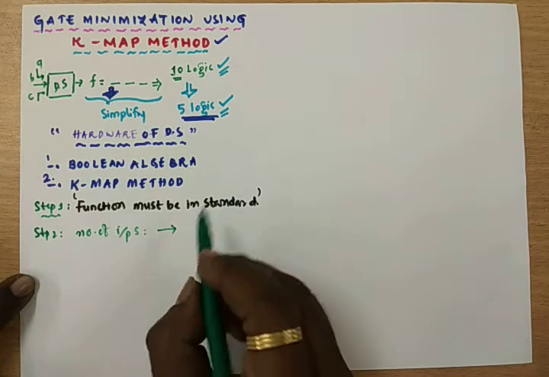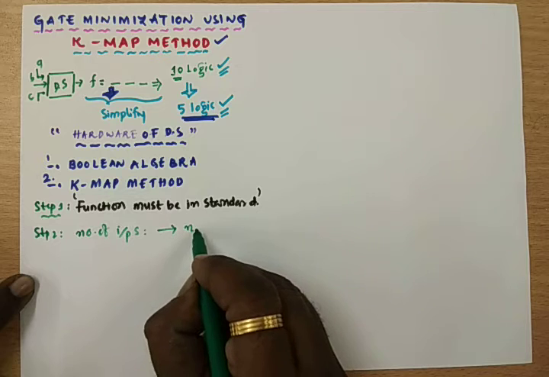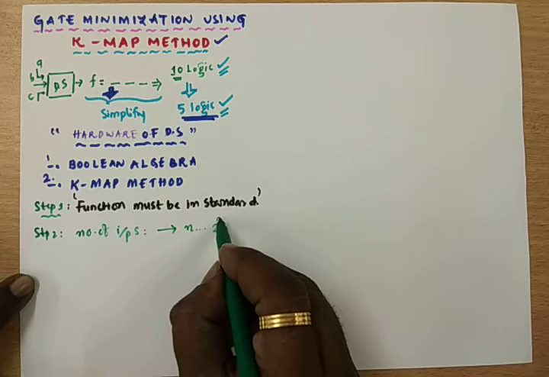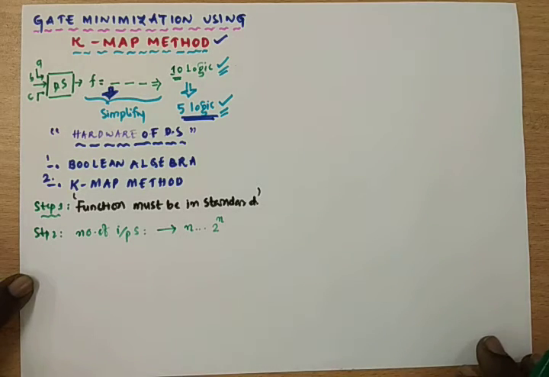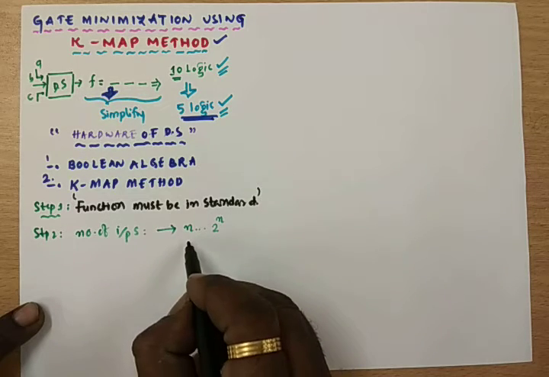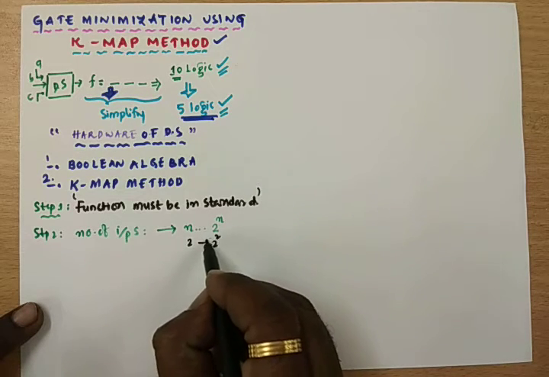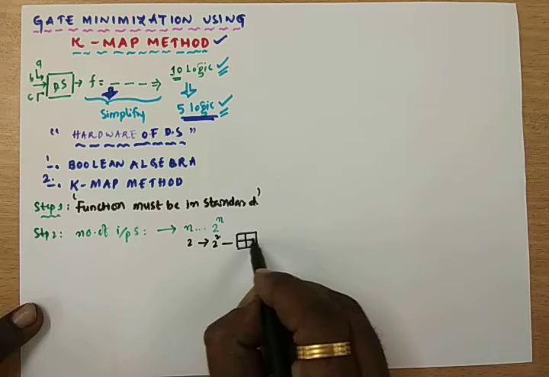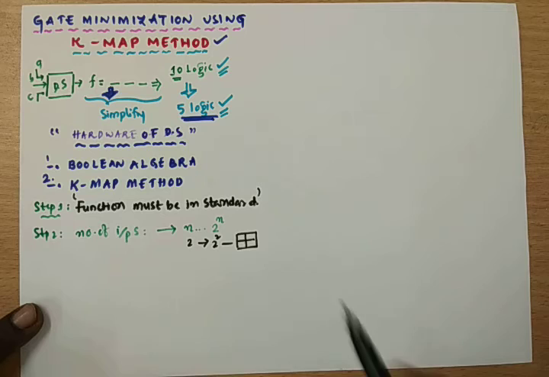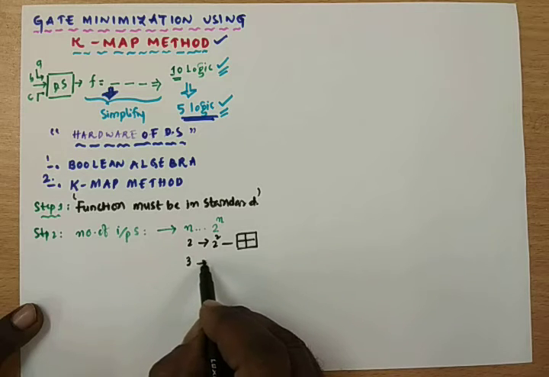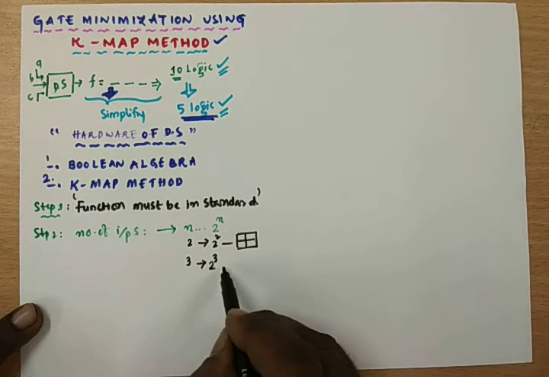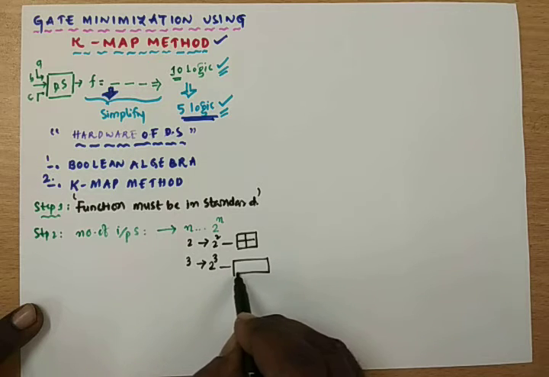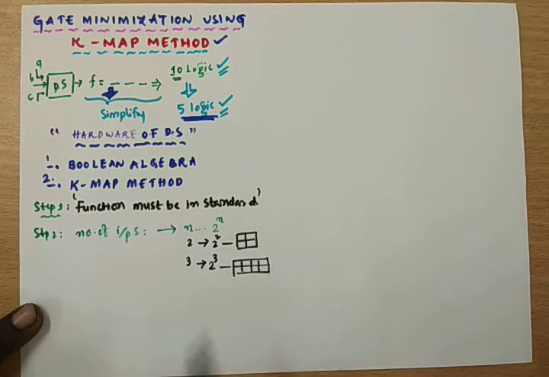For example, if the number of inputs is n, we have to draw 2 power n adjacent boxes. If we have only two inputs, 2 power 2 means 4 adjacent cells we have to draw. If n is equal to 3, we draw 2 power 3, which means 8 adjacent cells or boxes.